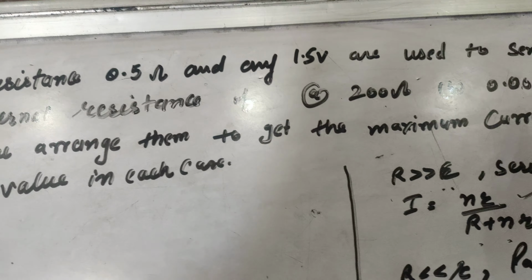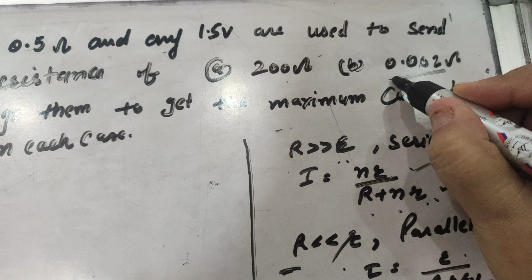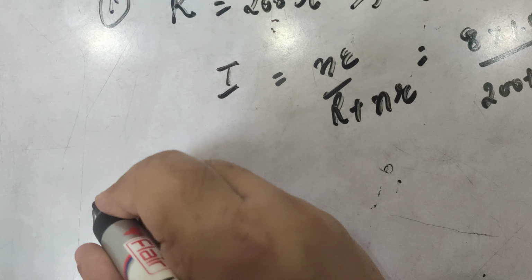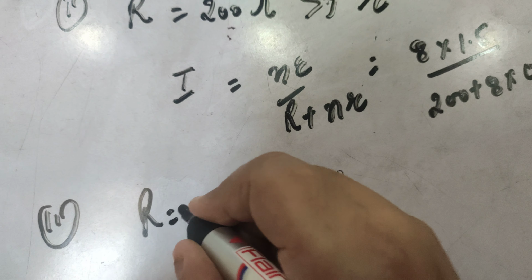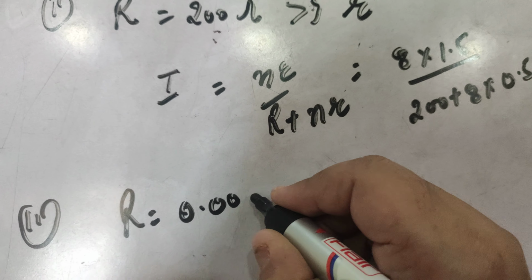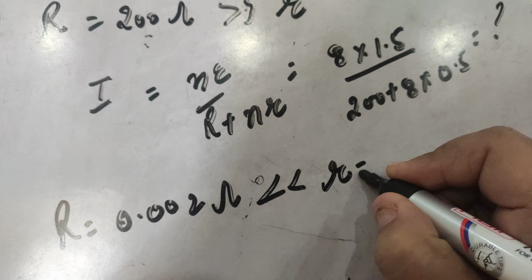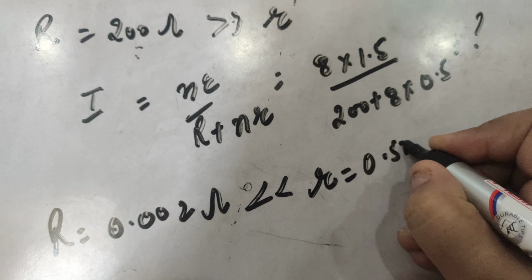The second case is when the external resistance R is 0.002 ohm, which is very much less than the internal resistance, which is equal to 0.5 ohm.